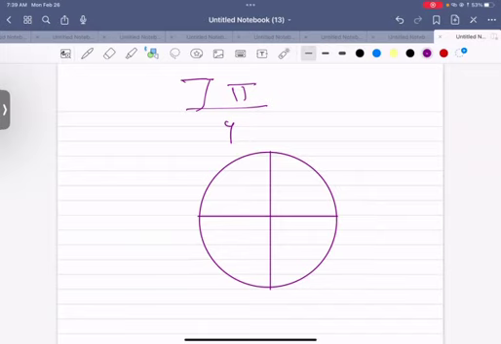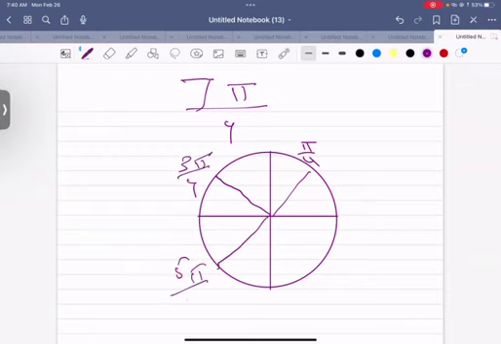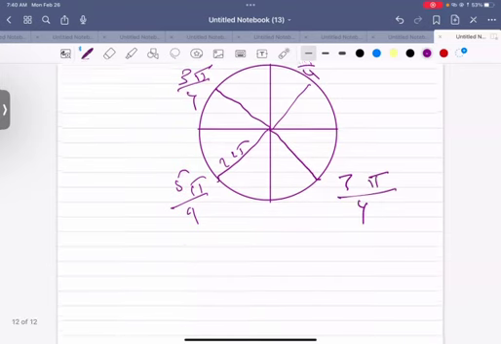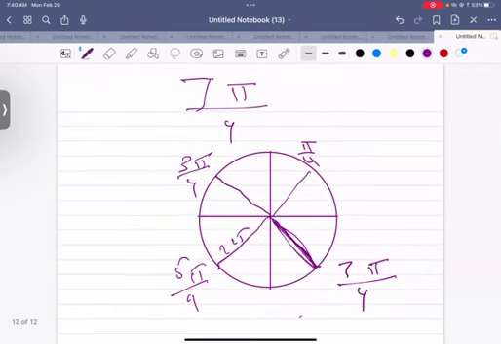When we did the lesson, we said pi over 4 here is the 45, the 135 is 3 pi over 4, and 5 pi over 4 is 225. So 7 pi over 4 is in the fourth quadrant. 7 pi over 4 is what? 315.